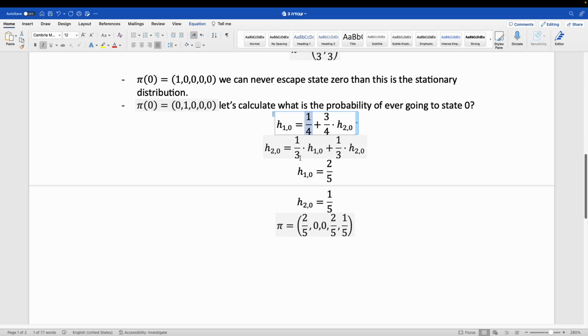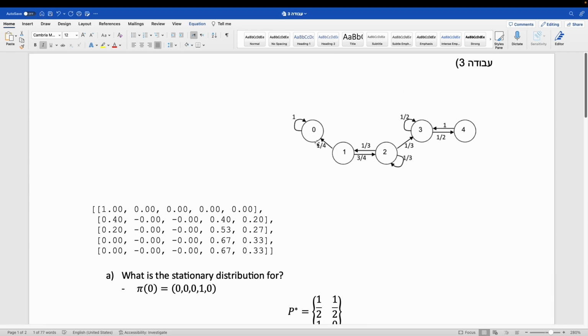And now we do the same formula for state 2 to state 0, which is either going from state 2, we have 1 divided by 3 chance to go from state 1 to state 0, and go from state 2 again to itself.